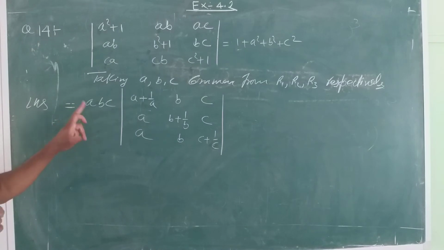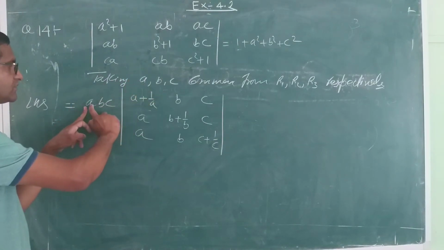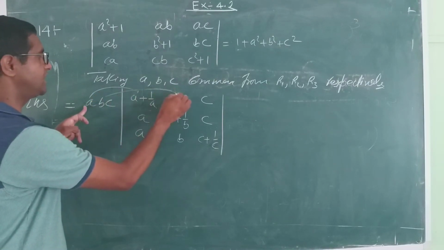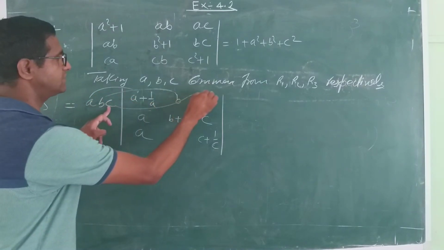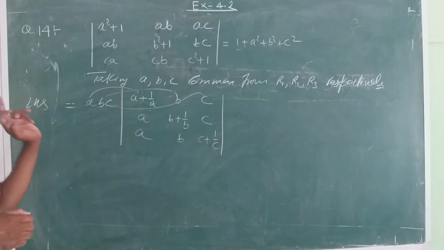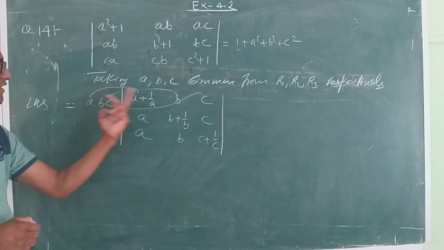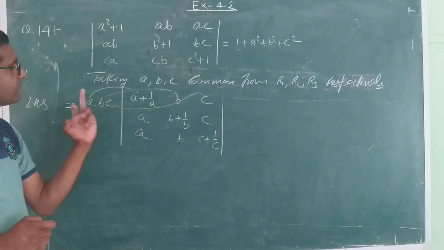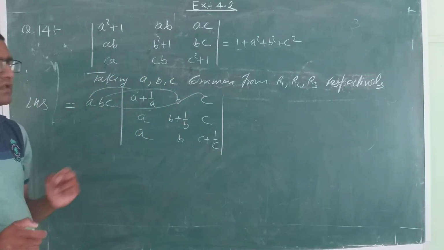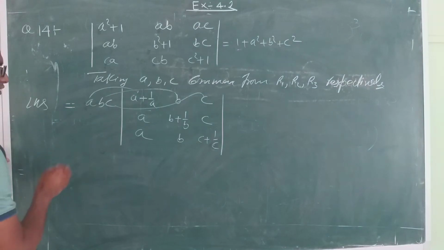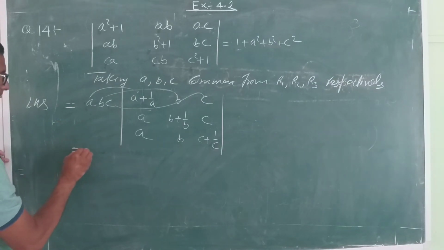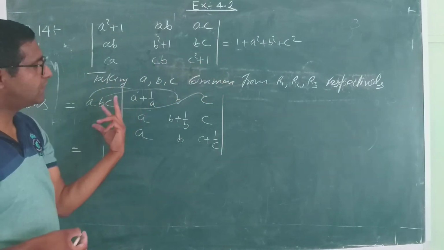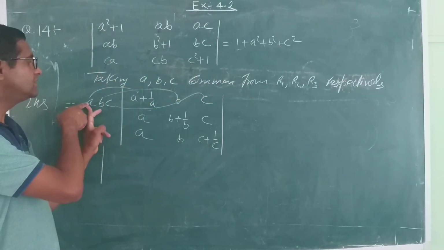Now multiply the first column by this A, the second column by this B, and the third column by this C. After multiplication, row wise you have taken common and column wise you are multiplying by the same element.